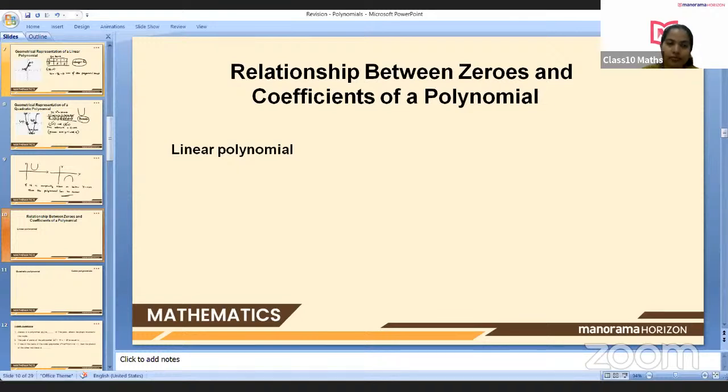Join these 2 points and we get a straight line.